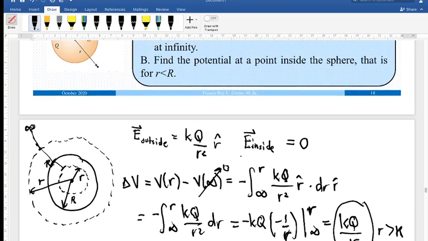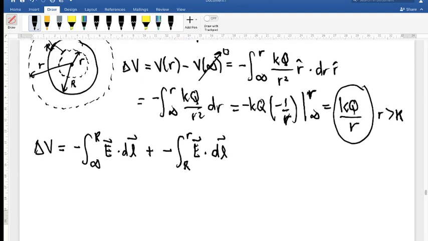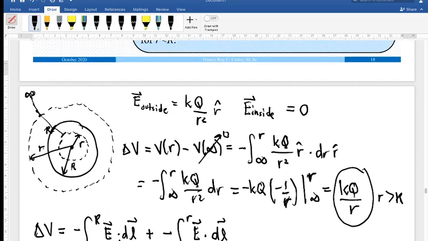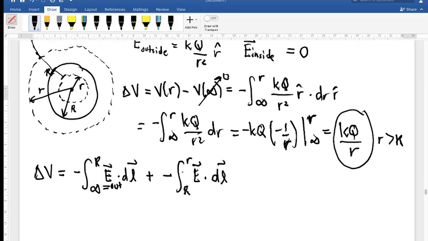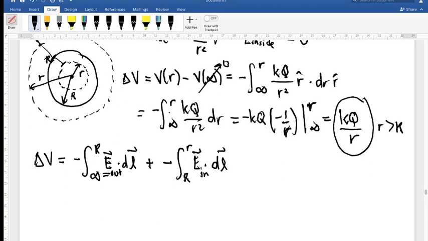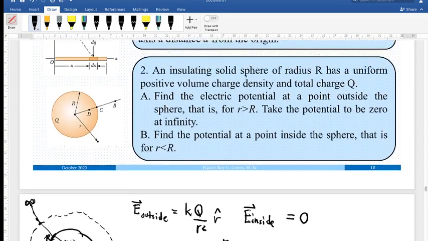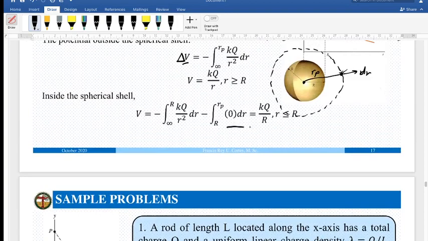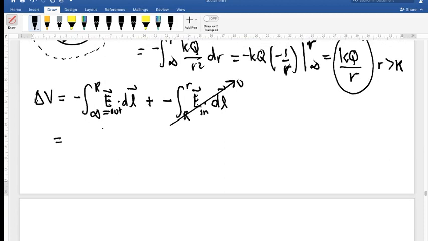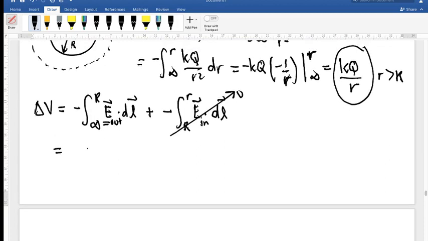Now remember, the first electric field is the outside expression. The electric field inside, from R to r, which we use inside the spherical shell, is equal to 0. So this one is equal to 0 because the electric field is 0.